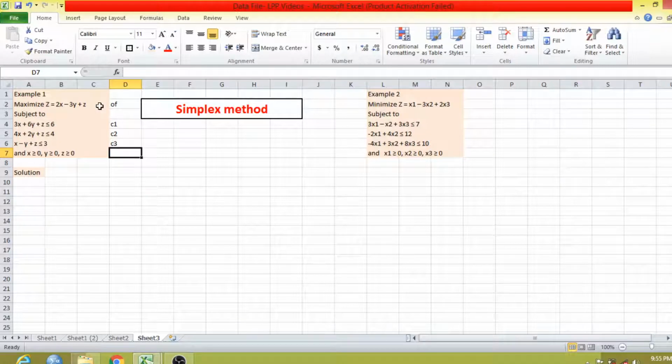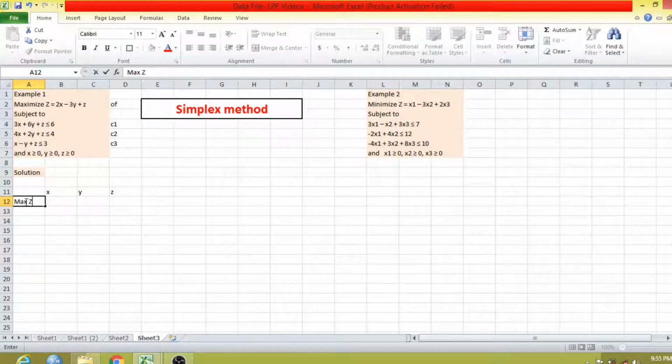So when we see the objective function, we will see there are three variables given. Those are named x, y, z. So we can write here x, y, z.